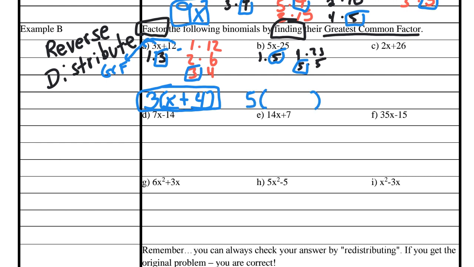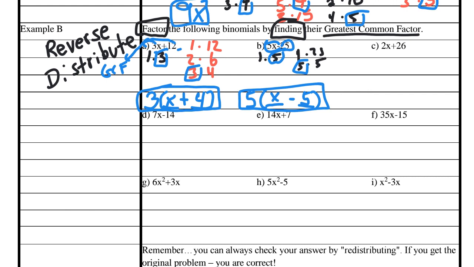So 5 times what gets me 5x? Well, 5 times x gets me 5x. 5 times what gets me 25? Well, 5 times 5 gets me 25. And then we were minusing, so we put a minus in the parentheses. So 5 times x minus 5.